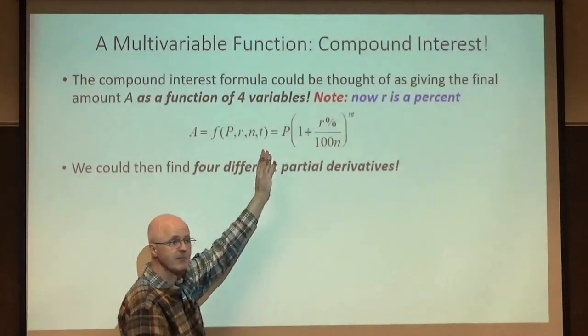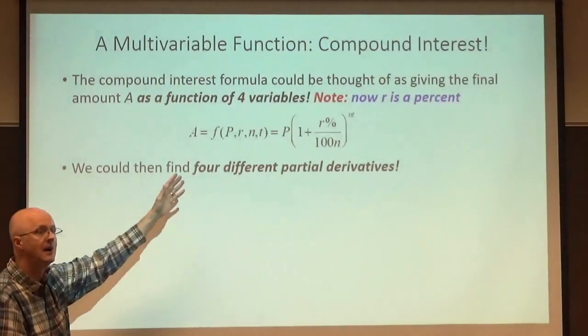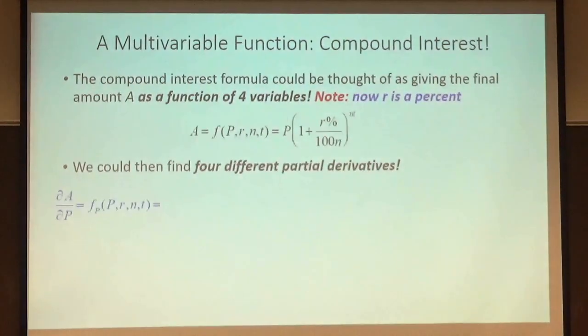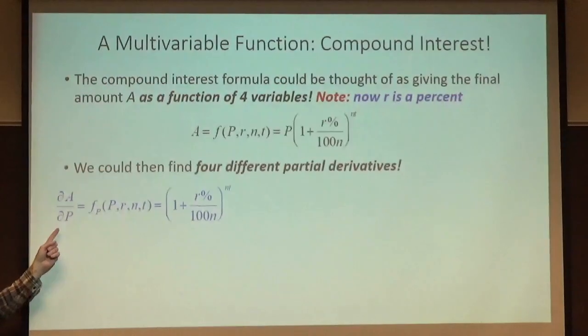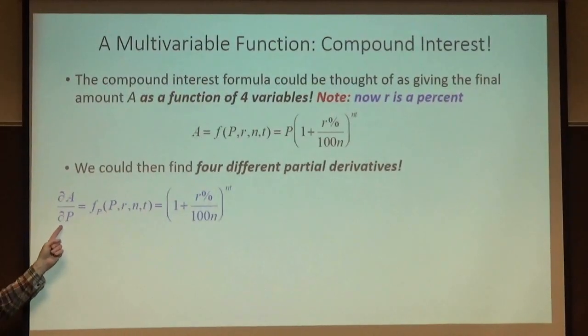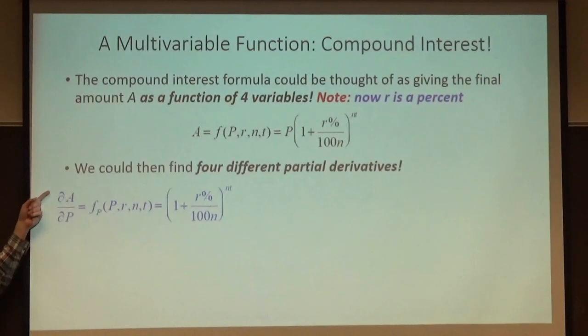Constant times p. The derivative of such a function is just the constant. There's your Leibniz notation for the derivative, dA/dp, or sometimes you'll hear people actually say partial A, partial p. The partial derivative of A with respect to p is probably the best way to say that.